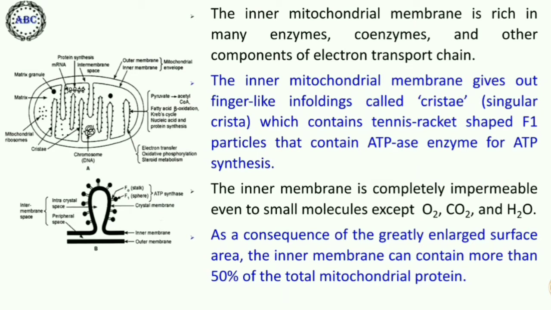We can easily understand this by these diagrams, where we see the outer and inner membrane, and on the inner membrane there are F1 particles containing the ATPase enzyme. The inner membrane is completely impermeable even to small molecules except oxygen, carbon dioxide and water. As a consequence of the greatly enlarged surface area, the inner membrane can contain more than 50% of the total mitochondrial protein.